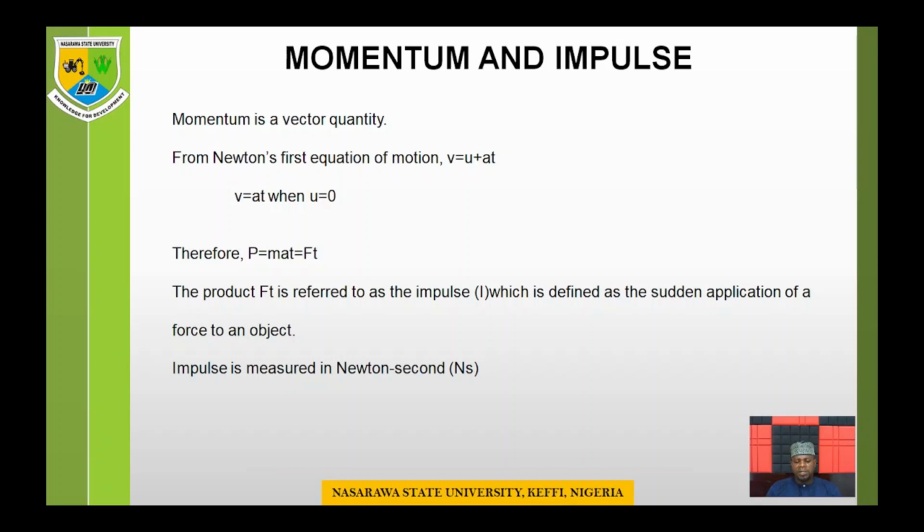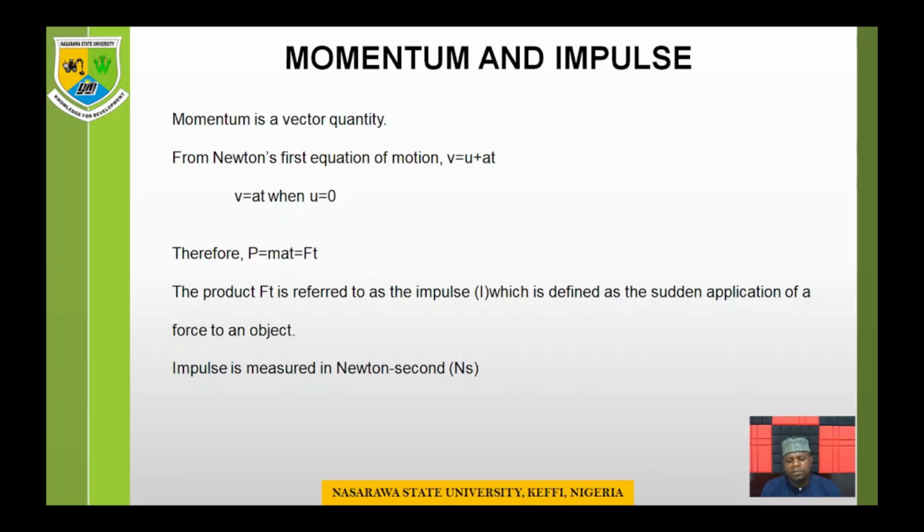So we are replacing the v with at, and so our momentum is now P equal to mat. And again, ma is known to be force. So if we substitute ma by F, then we will have P equal to Ft, where F is the force and t is time.